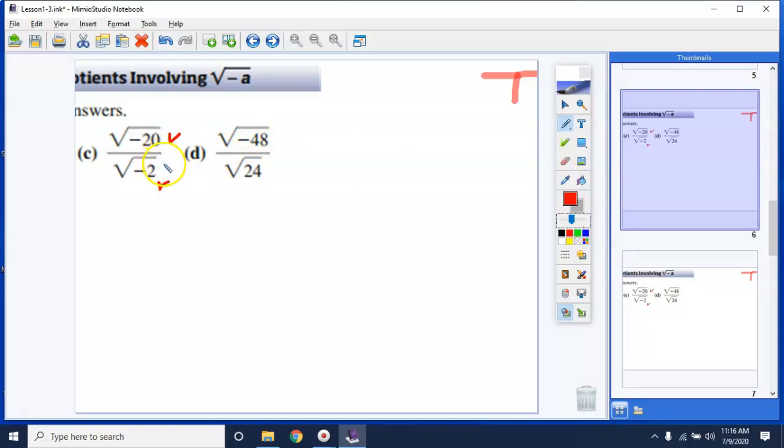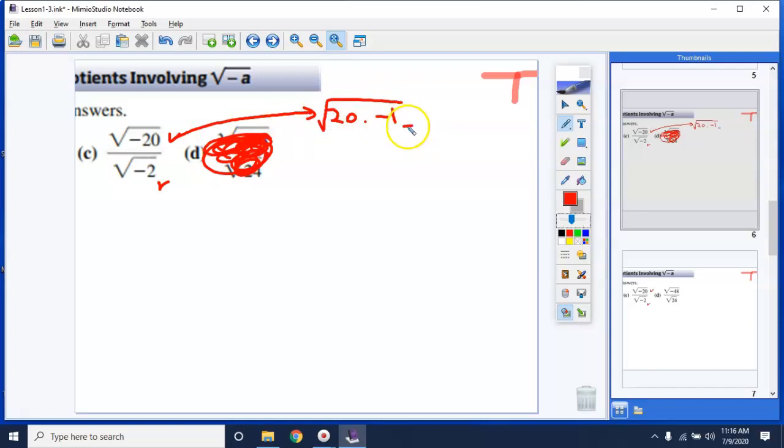So C should be, let me do over here. This one can wait over here. So it's going to be 20 times square root of -1.